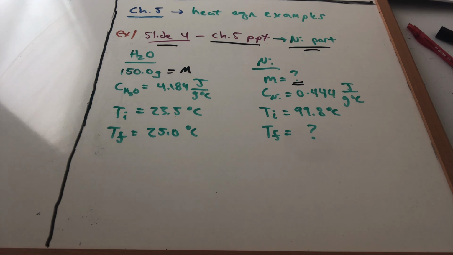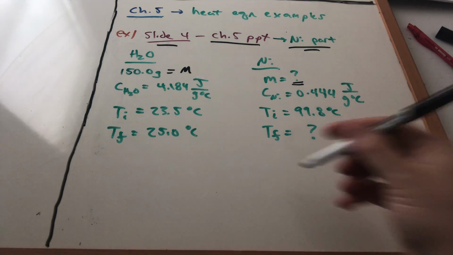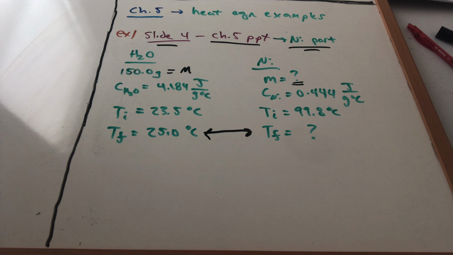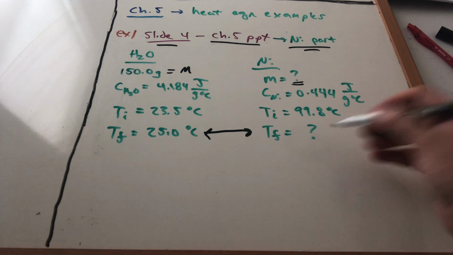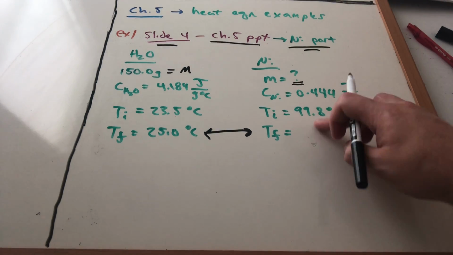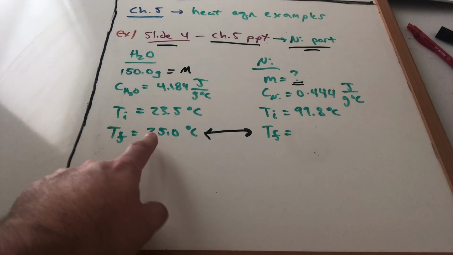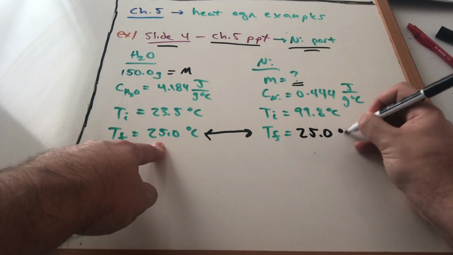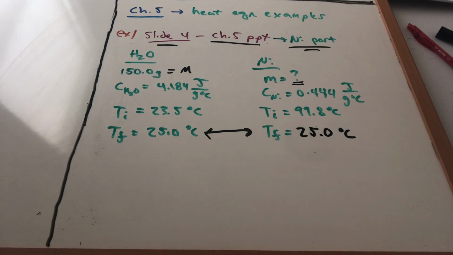So even though we aren't given it directly, we do know that heat exchanges occur until all final temperatures are the same. So even though it looks like another unknown, well, hold on a second. If the final temperature of water is 25 degrees Celsius, then the final temperature of nickel must be the same.